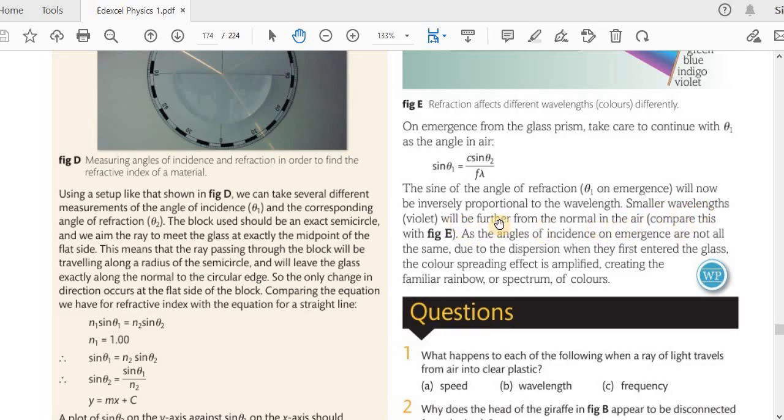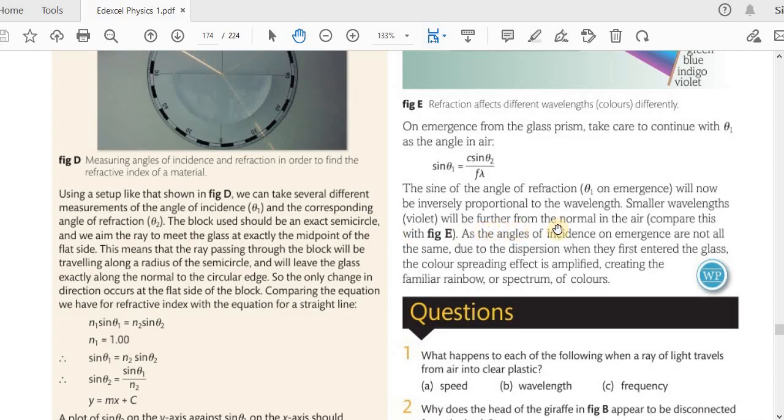Compare this with E. The angles of incidence on emergence are not all the same due to the dispersion. When they first entered the glass, the color spreading effect is amplified, creating the familiar rainbow or spectrum of colors. So here you can see the sine of the angle of refraction theta1 on emergence will be inversely proportional to the wavelength.